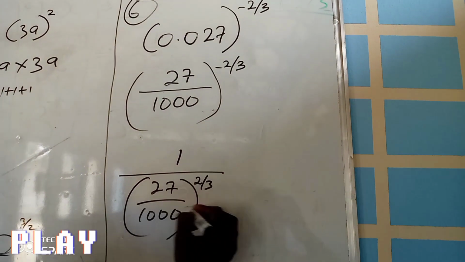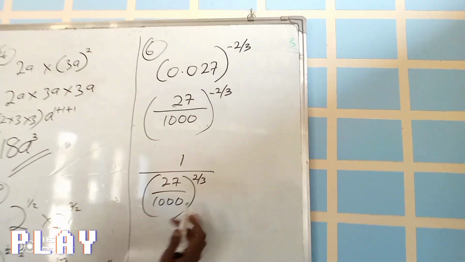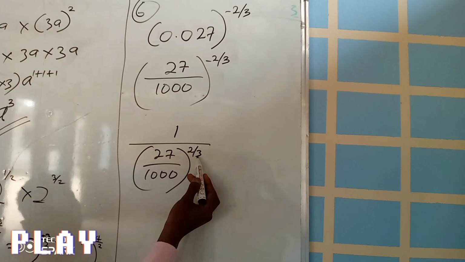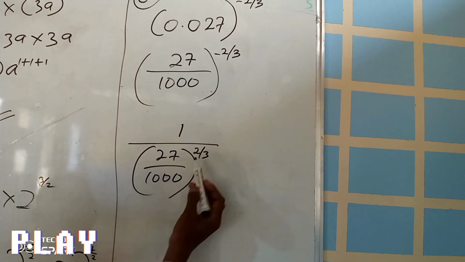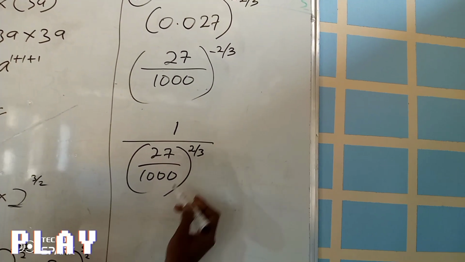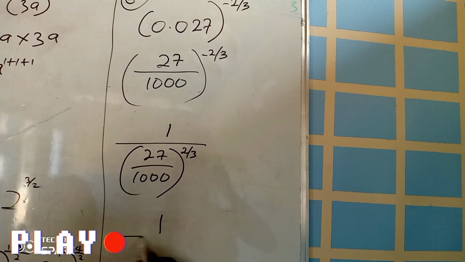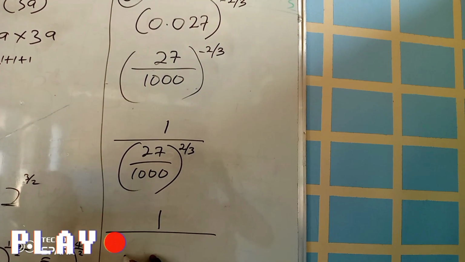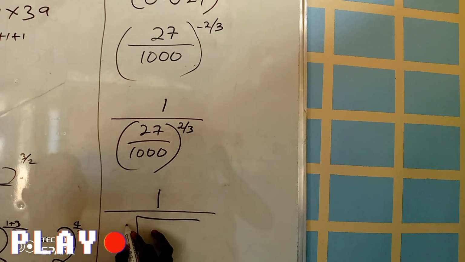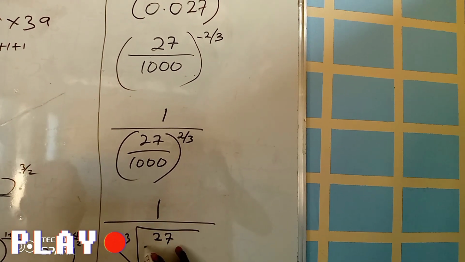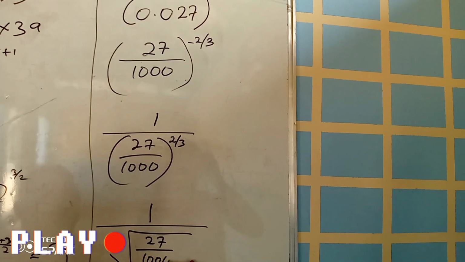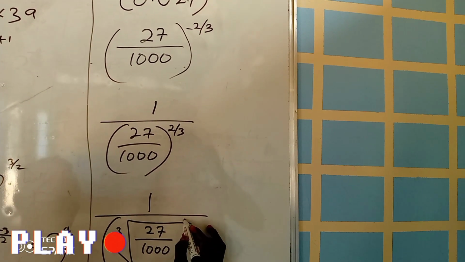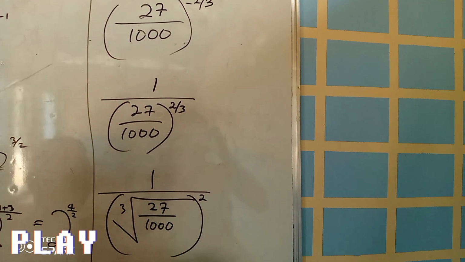So we now apply the fractional law on this. It says that the denominator will form the root while the numerator will form the power. So we now have 1 all over the cube root of 27 over 1000, then all raised to the power 2.